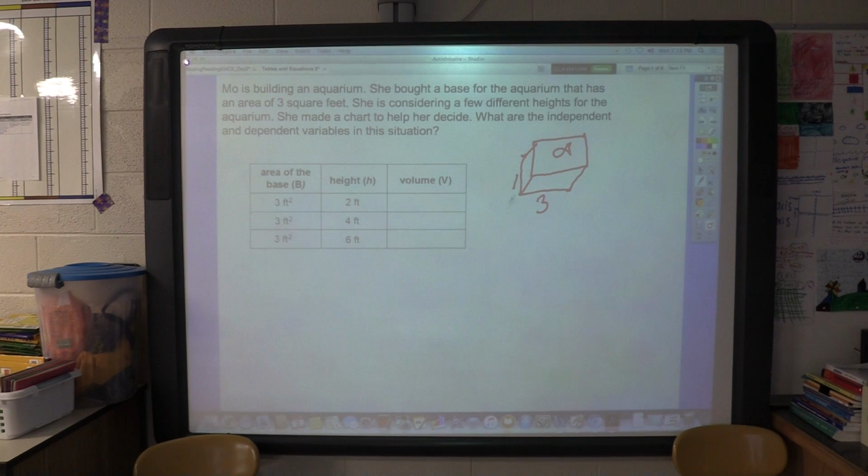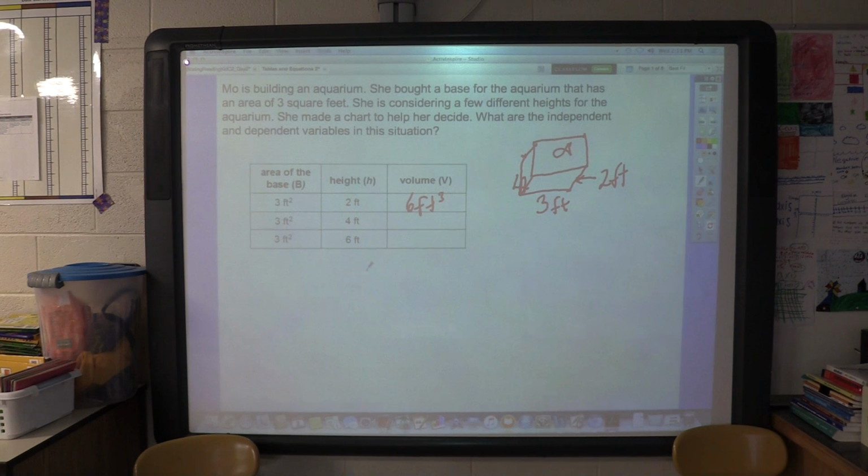Anyhow, if the aquarium is 1 by 3 feet, that's the base, and the height in this case is 2 feet, then 1 times 3 times 2 is going to give us 6 feet cubed. So she can work with the height.